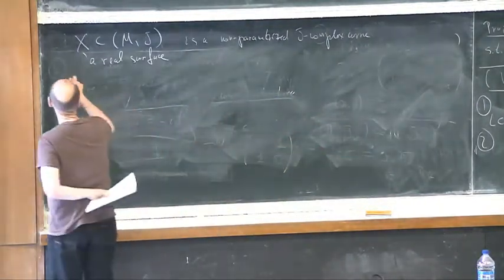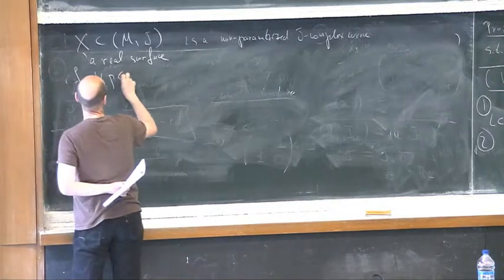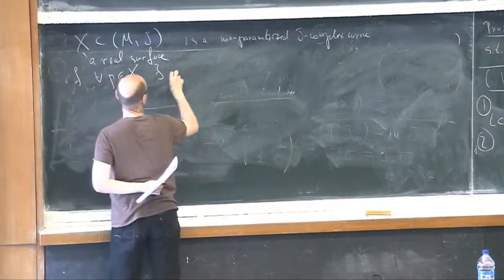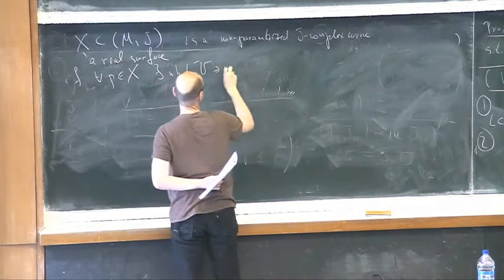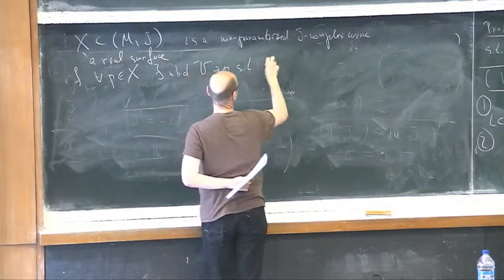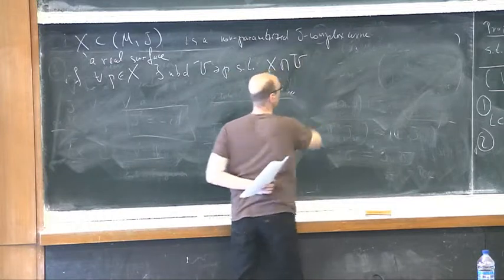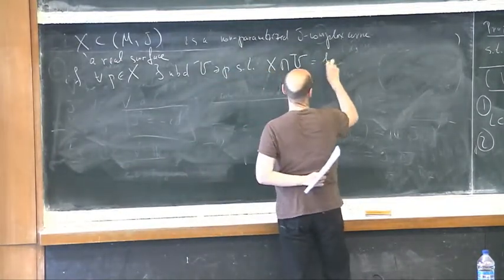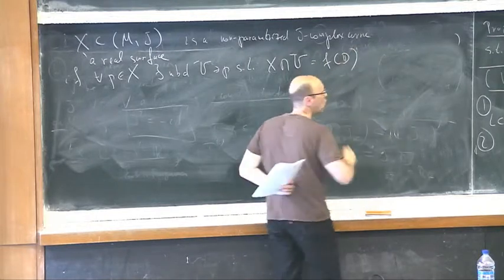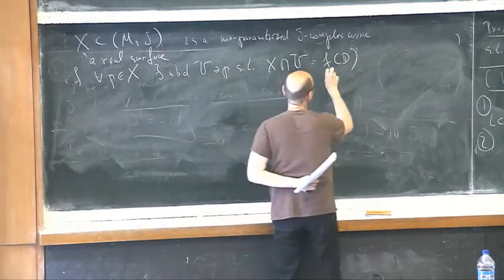For instance, if for every p of X there exists a neighborhood U of p such that X intersected with U is the image of a J-complex disk.